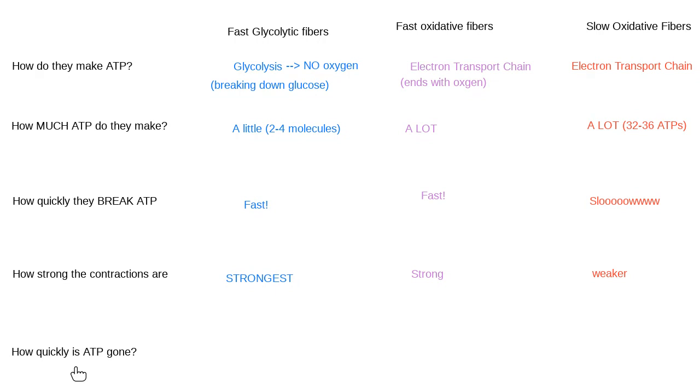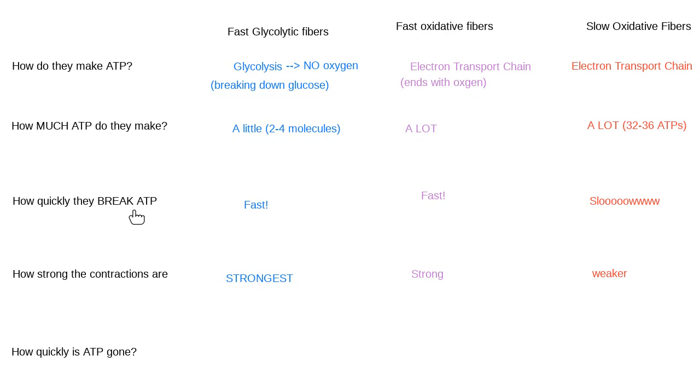Thing number one, we need to look at how much ATP we make. If I make a whole bunch of ATP, it's going to take longer for me to run out of ATP. If I don't make very much, I'm going to run out faster. Second thing we need to look at is how quickly we're chopping up the ATP that we have.